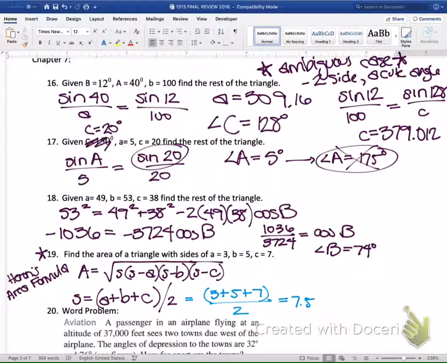So in that area formula, anywhere I see the letter S, I'm using that 7.5, and I'm simply plugging that in with the three sides. So in my calculator, I'm going to type in all at once the square root of 7.5 times 7.5 minus 3 times 7.5 minus 5 times 7.5 minus 7.